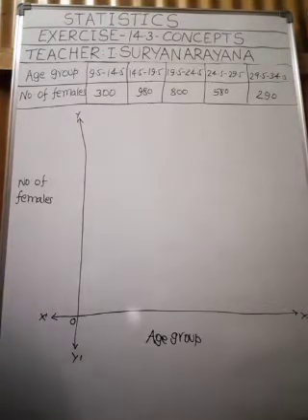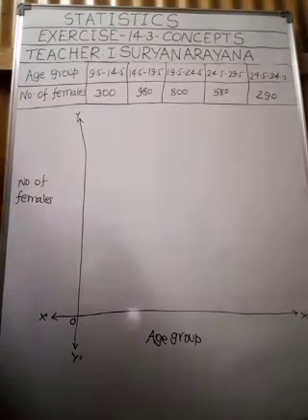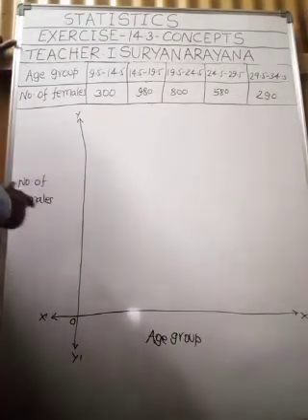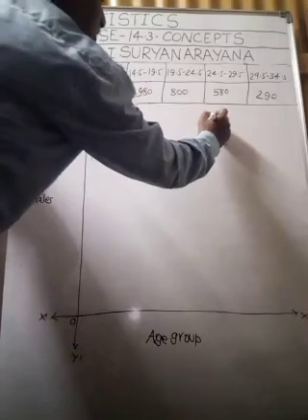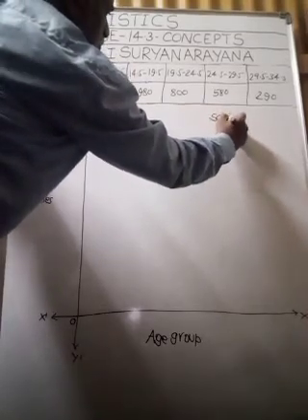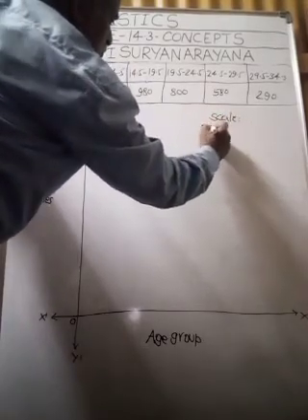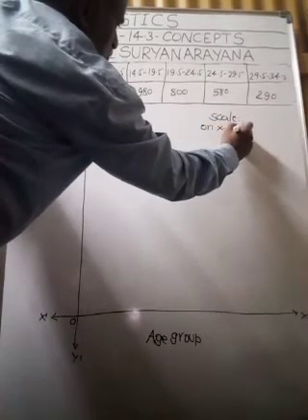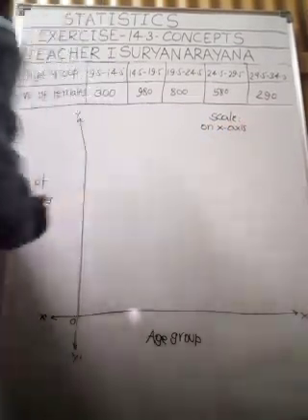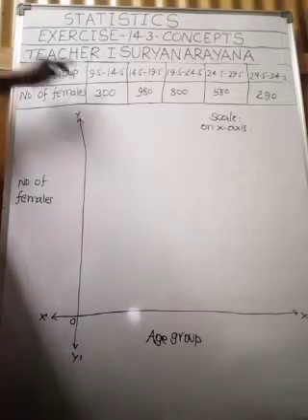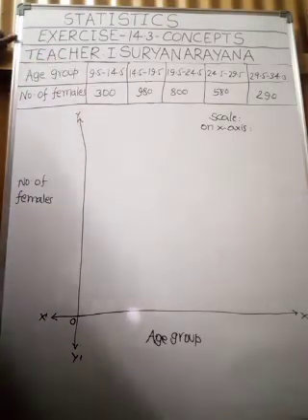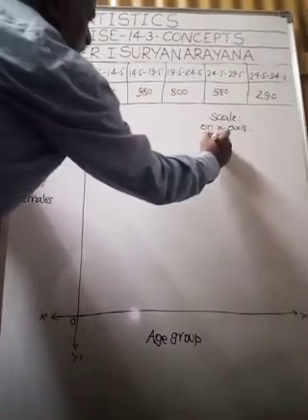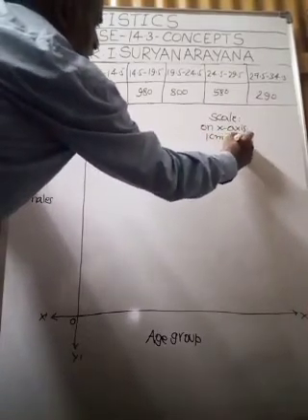Don't forget, my children, this is also an important point when you are drawing a histogram. On the x-axis, 1 centimeter is equal to 4 years.